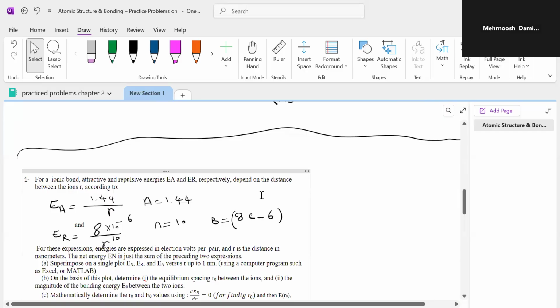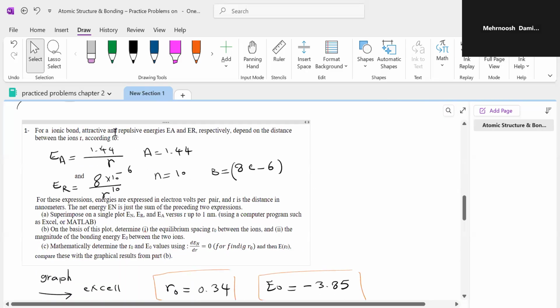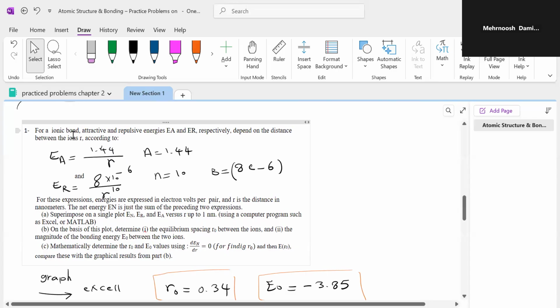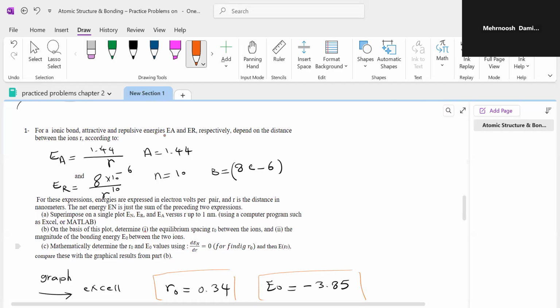Another problem that you see in our assignment is close to that, but the numbers are different. I hope you listen carefully to this, and it can help you solve your assignment correctly. For an ionic bond, the attractive and repulsive energies, as you know, are EA and ER.